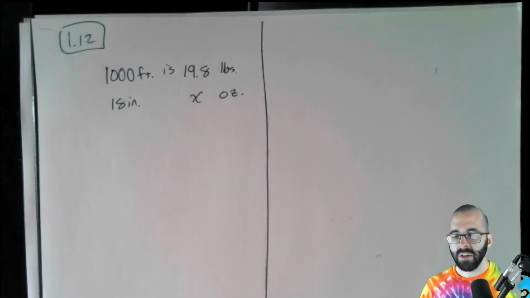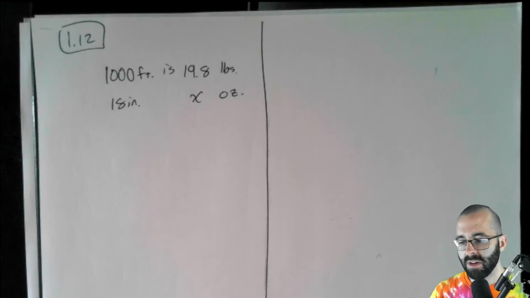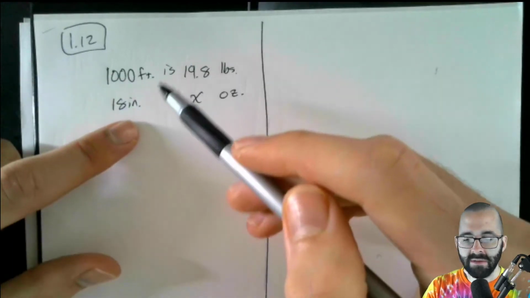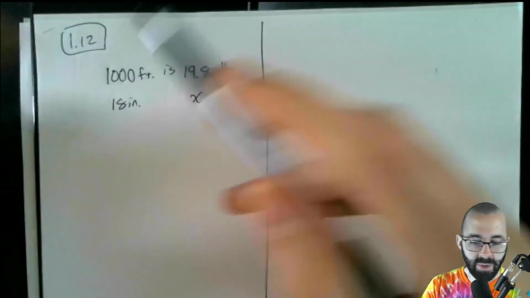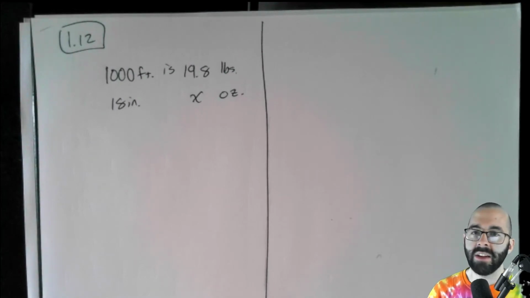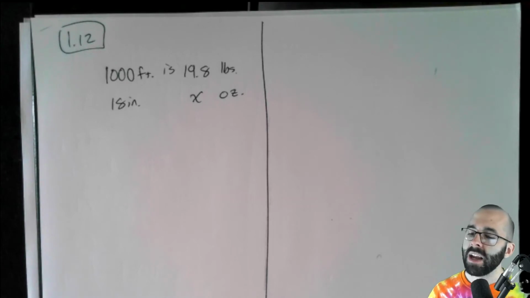There are a couple of ways of doing this. We could say, how much does every inch of wire weigh? We can multiply that by 18. We could get everything in the same units and do proportions. There are a lot of ways of solving this problem, but the main issue here is that we are all in different units.